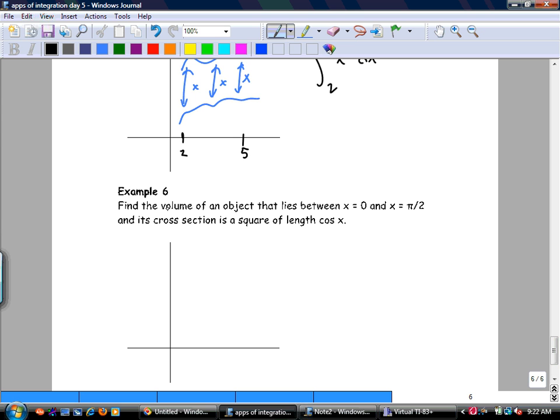So find the volume of an object that lies between 0 and pi over 2, and its cross-section is a square with length cos x.